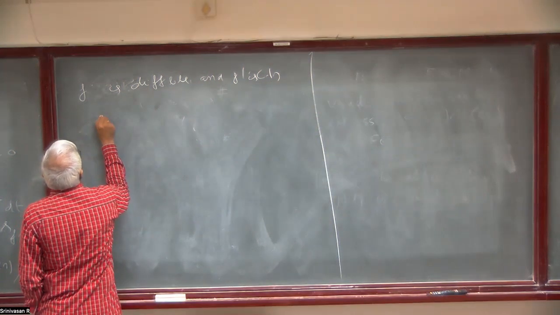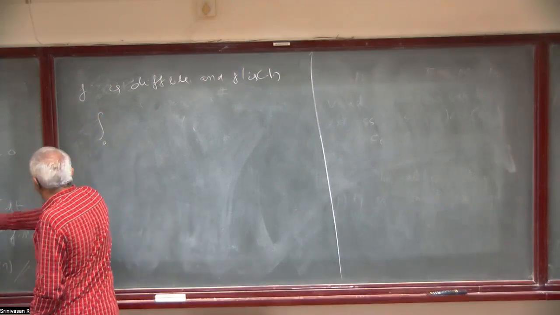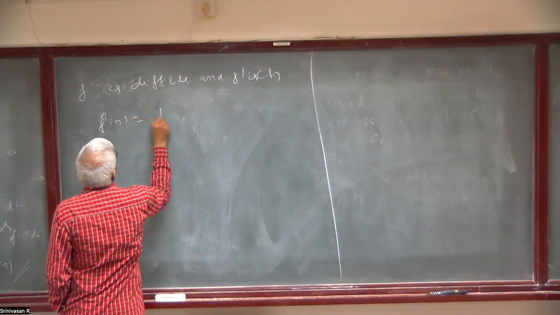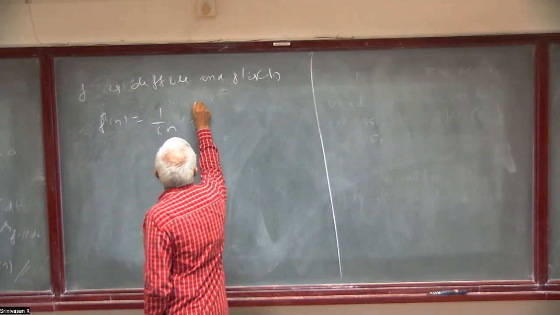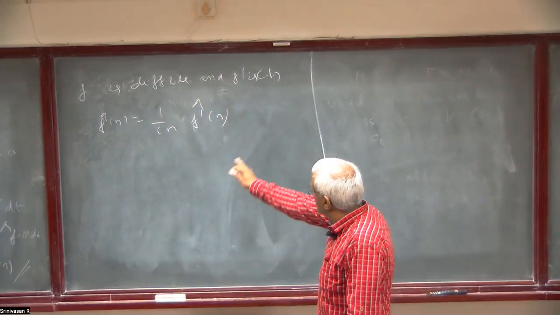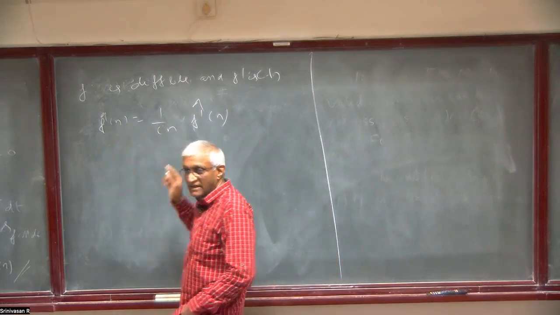So then what do you want? You have, by the same idea, that f hat n equals 1 by in times f prime hat. Right? So you can compute this either in terms of this or in terms of that.